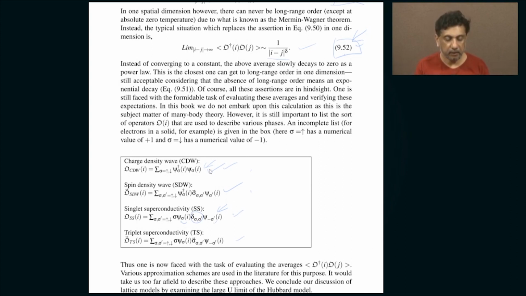So, this peculiar order is complex. See, unlike these real orders, where the expectation values of these quantities are real, the expectation of these superconducting order parameters are typically complex. Okay, so, complex numbers have their own peculiar properties. They will have a magnitude and a phase.